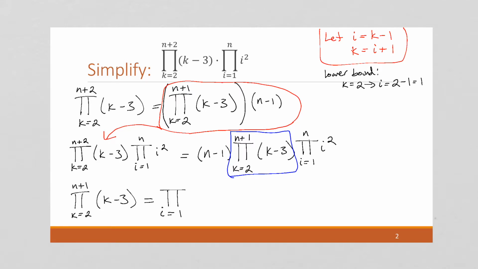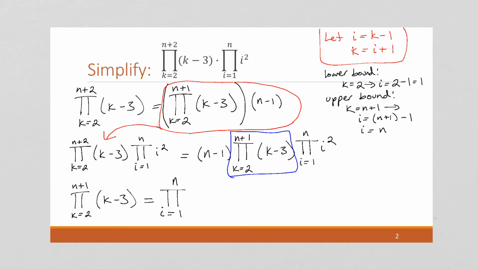So i equals 1 is our lower bound. And our upper bound, we're going to get k. Well, k is n plus 1. So once again, I'm going to use this first equation and transform this using my equation for i. So we have i is equal to n.